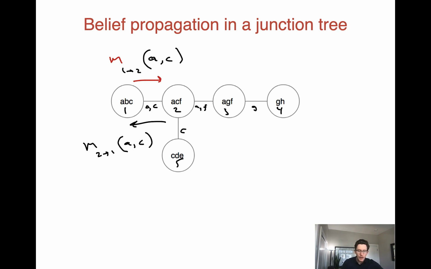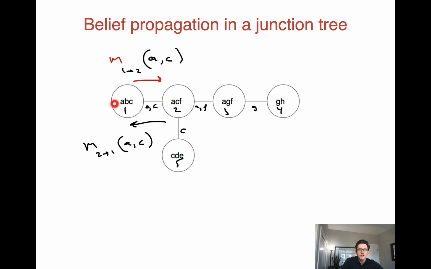So for example, if we had a potential over just G, that could go either in this node or this node, because both of them include G, but we're going to say that we only get to put each potential in one node, and we could put it, for example, in this one.